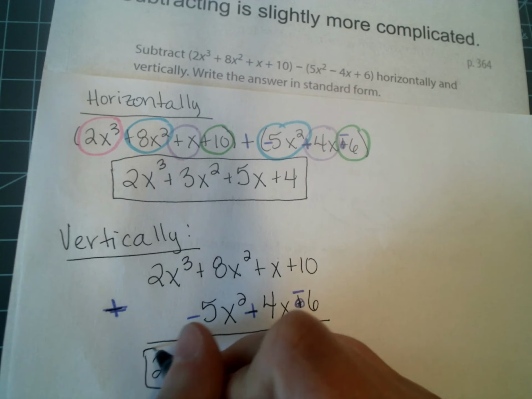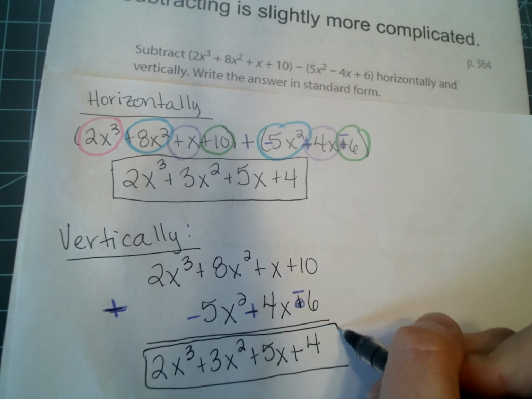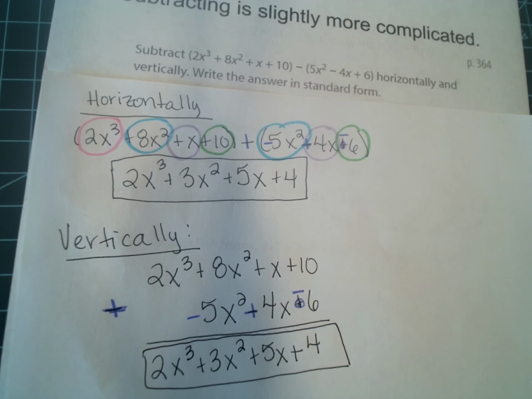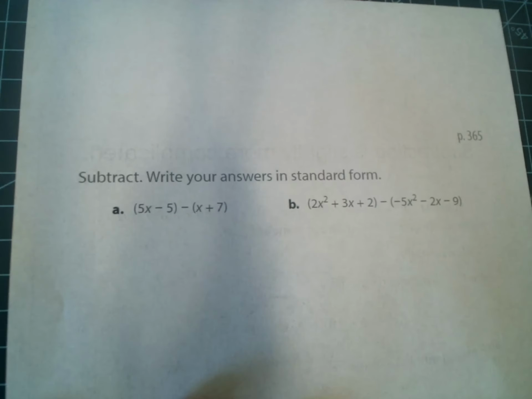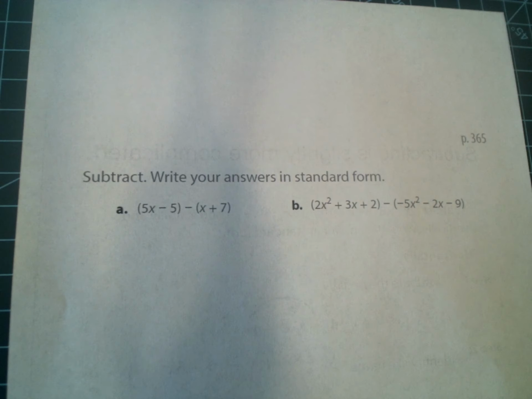Okay, so now let's do a couple more together. This is on page 365 in your Springboard books. So notice here we have one polynomial minus another polynomial. I'm going to do just what I did before. I'm going to change this minus sign to a plus sign. So then this x becomes a negative x, and this 7 becomes a minus 7.